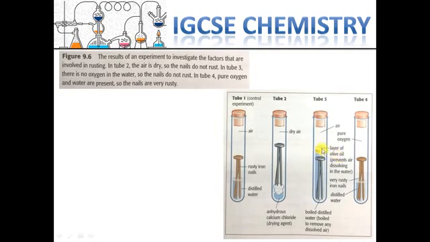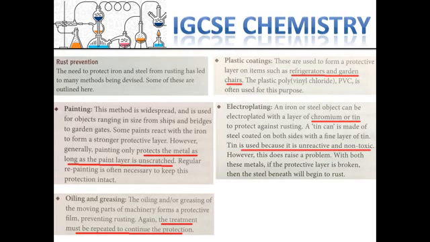If we put oil, the air cannot move into the water. So there is water, but there is no oxygen in the water, and there is air in the tube but it cannot move into the water. So you can see the iron nail is not attacked by oxygen and it's not rusted. These are four tubes that show the conditions required for rusting metals.